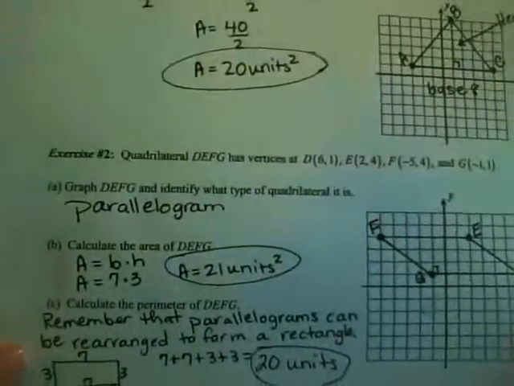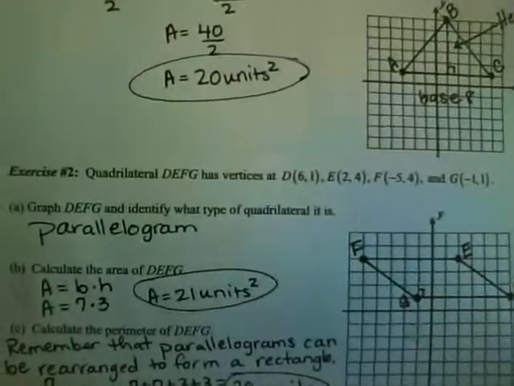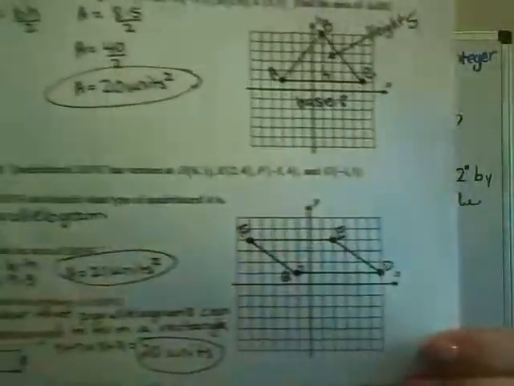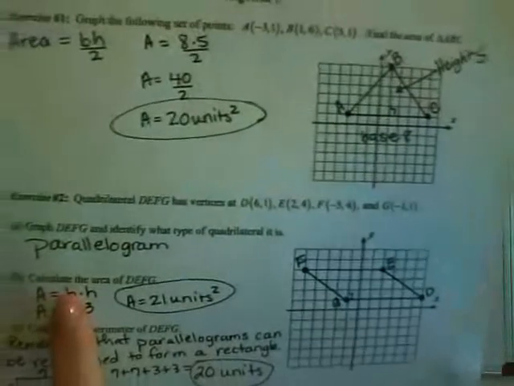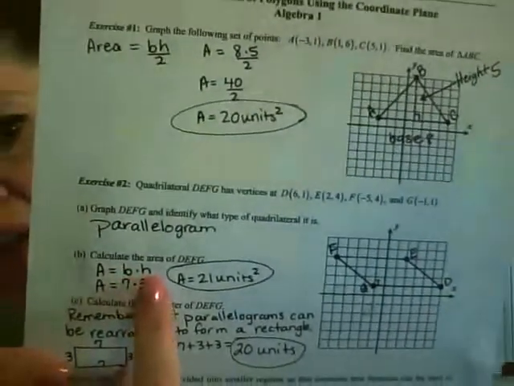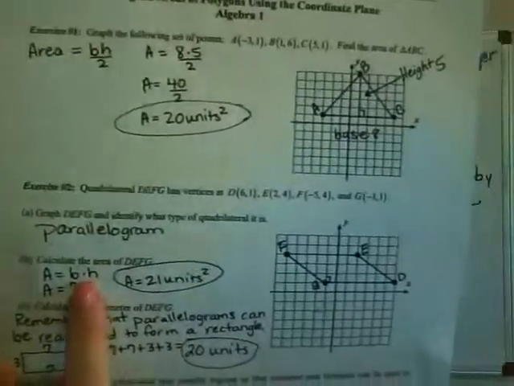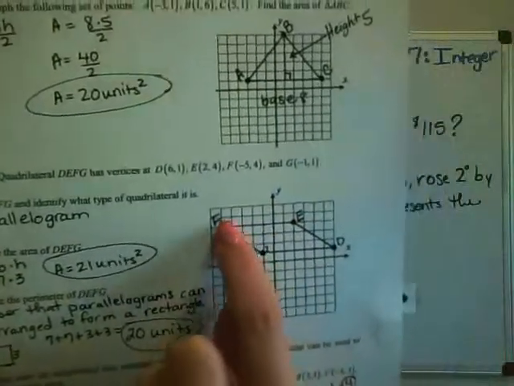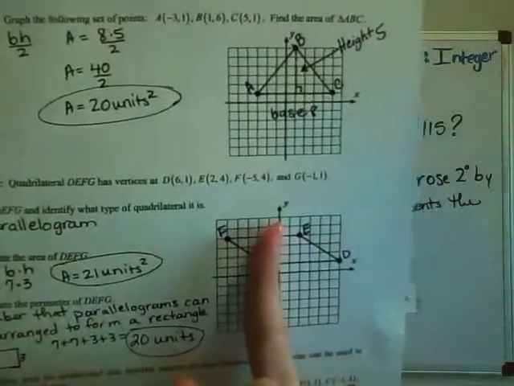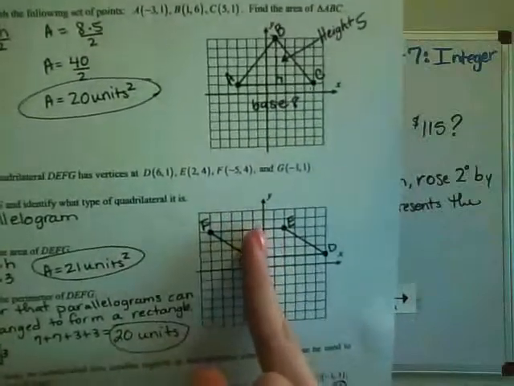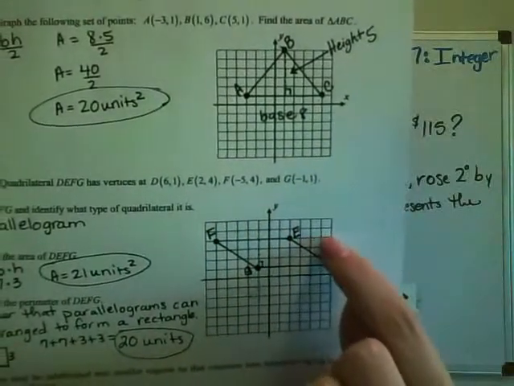And C, on number 2, let's see. You had to find the perimeter, but you have these slants. So how do you find the perimeter of those slants? Well, you needed to remember back in Unit 5, I taught you that the formula of a parallelogram is very similar to the rectangle, which is area equals length times width, because we can cut off this piece and reposition it over here so that this slanted part would be gone, and it would fill in this space right here.